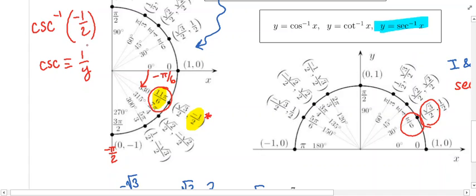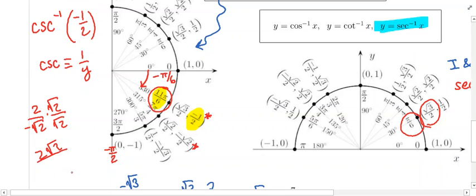That's not the same thing as negative 1/2, so that's not it. Well, let's check this guy. If we do 1 over this, it would flip the fraction. Yeah, this doesn't work either. It doesn't look like any of the angles on the unit circle are actually going to work.